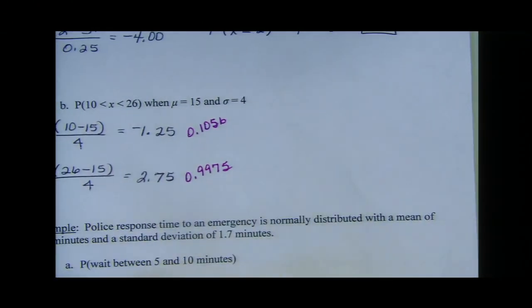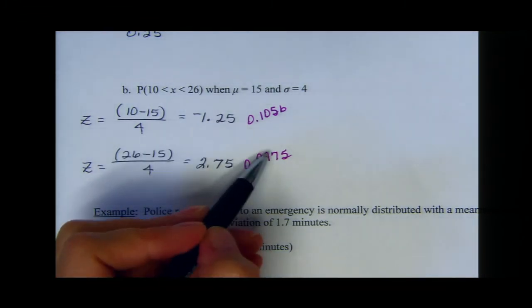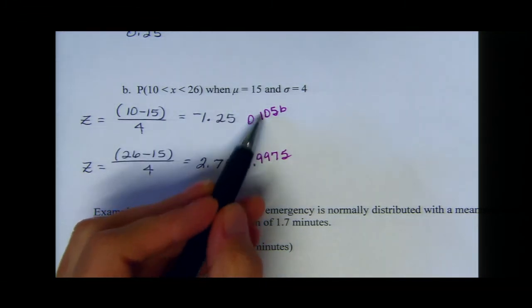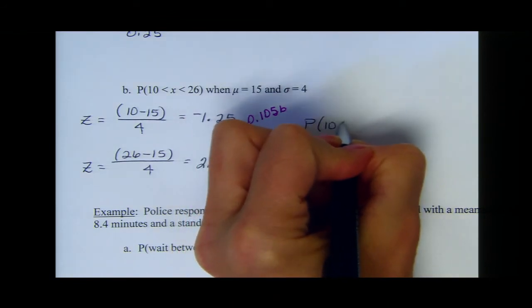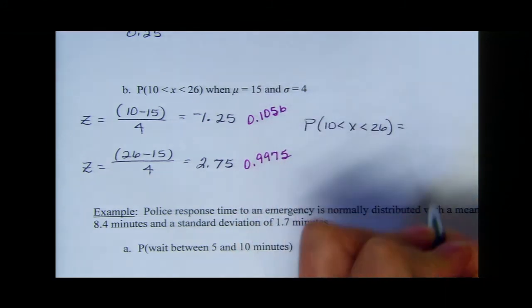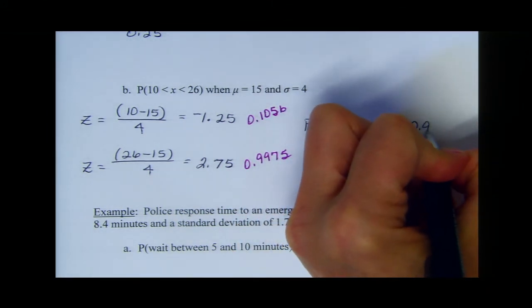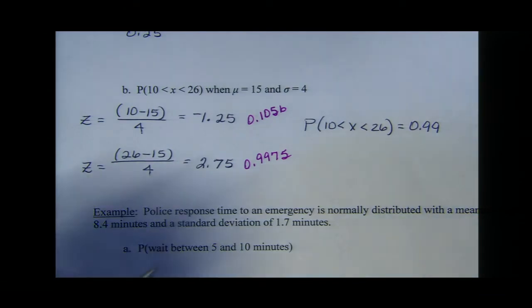Because when we're looking for the probability that falls between two numbers, I'm going to subtract these probabilities. So the probability that X is between 10 and 26 is 0.9975. Let me make sure of that. Sorry, that is 0.9970.